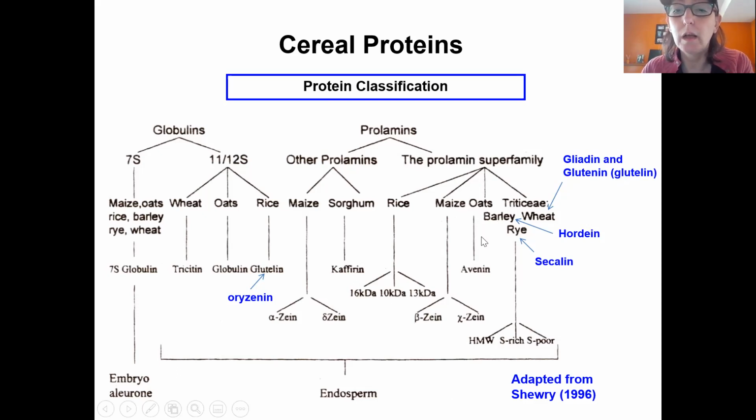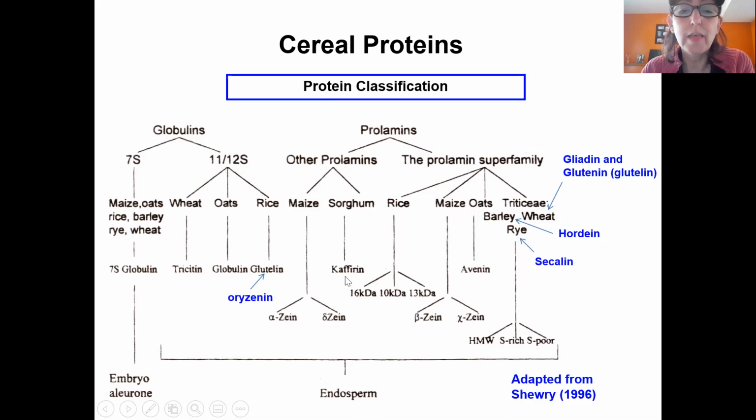In oats, for example, your prolamin is called avenin. In maize, you have the zein proteins, so beta-zein, gamma-zein. You also have the alpha-zein, which is the main prolamin constituent in corn or maize.